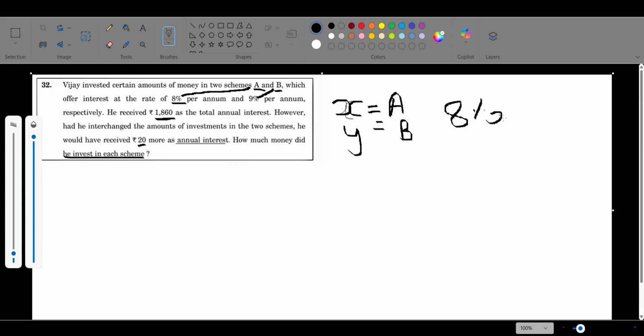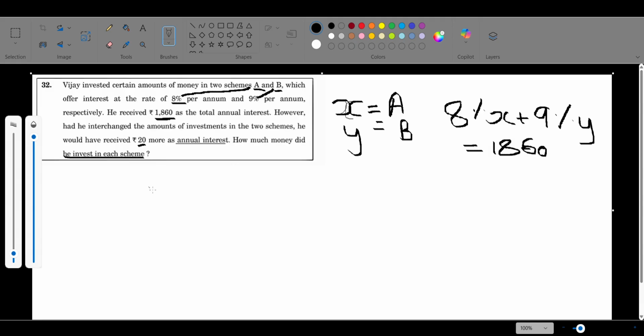So you can say 8% of X plus 9% of Y will give us 1860. Now, if he interchanged the amounts of investment in the two schemes, he will receive 20 more.